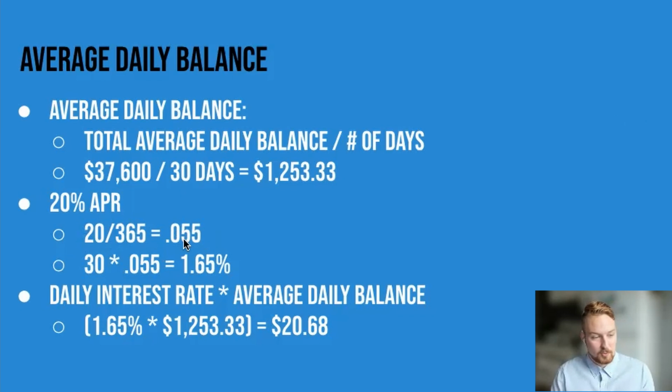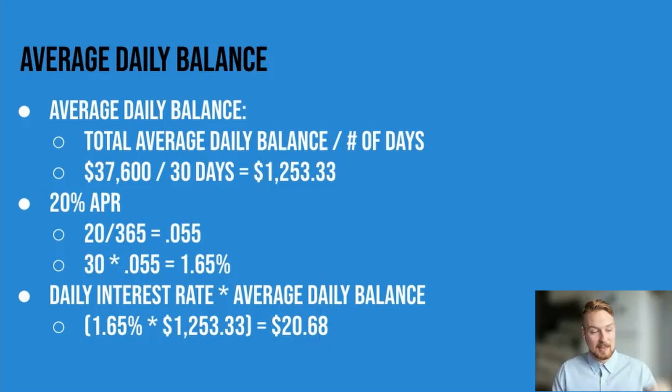Then we take that 0.055 and multiply it by 30, because there's 30 days in the month. So 30 times 0.055 equals 1.65%. That is our interest rate charge for the month. Our interest rate times our average daily balance is how much interest we're going to have to pay. So $20.68. That is how much we'd have to pay.